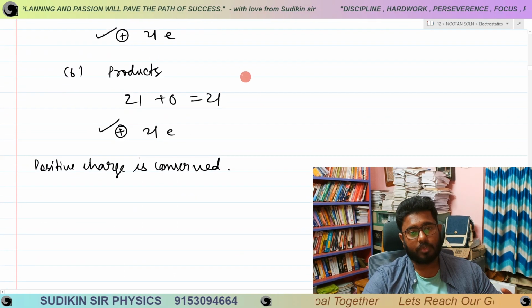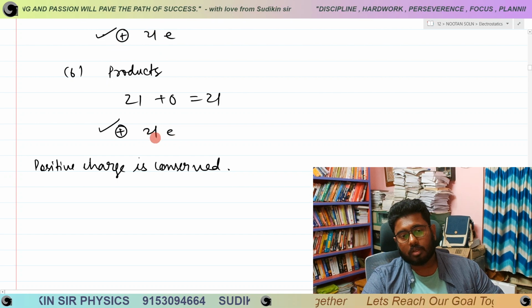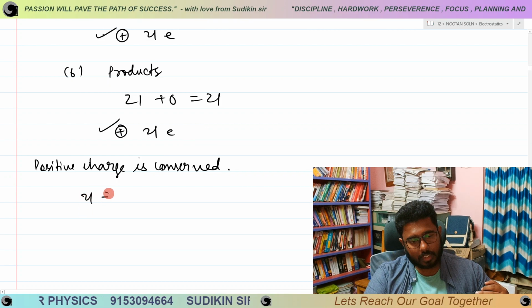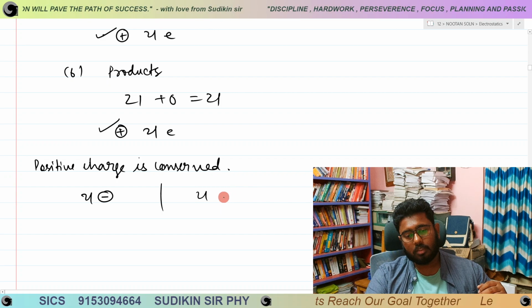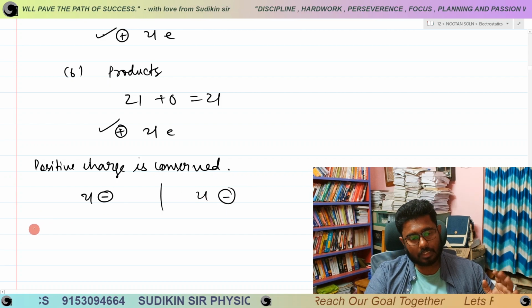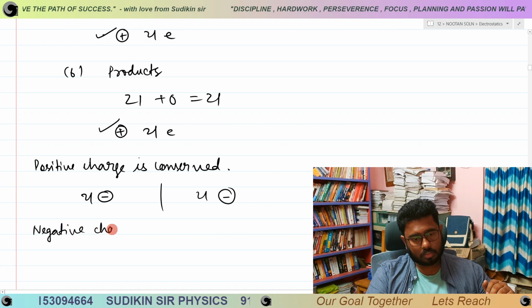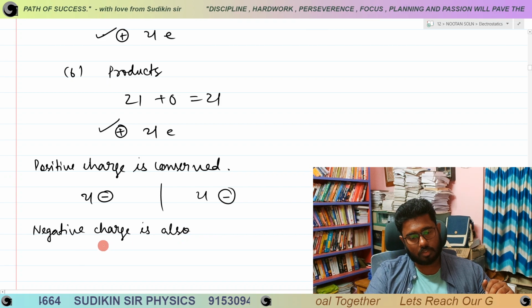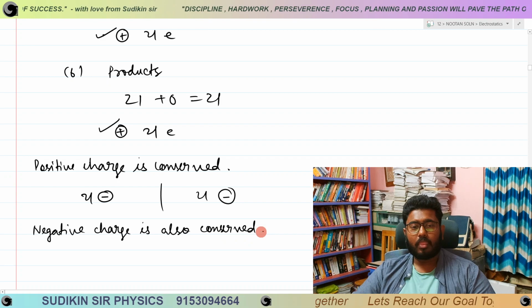Therefore, if it has 21 positive charges in the reactants and 21 positive charges in the products, it will have 21 negative charges in the reactants and 21 negative charges in the products. So the negative charge is also conserved.